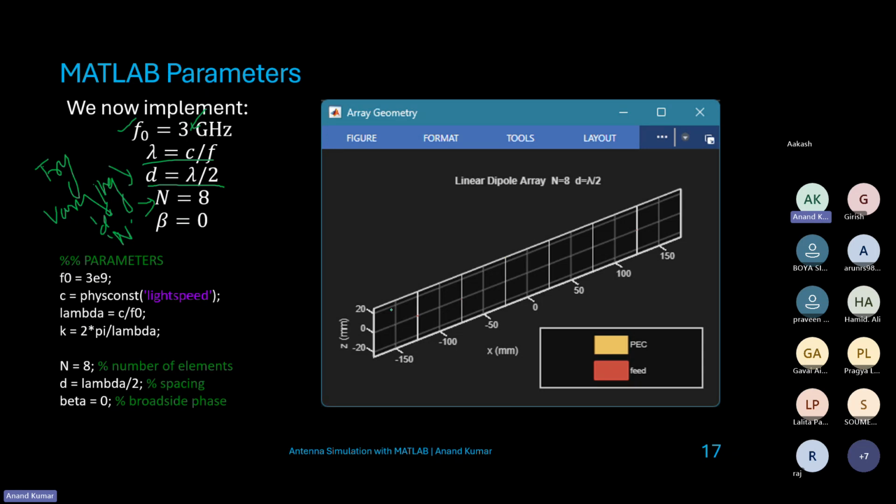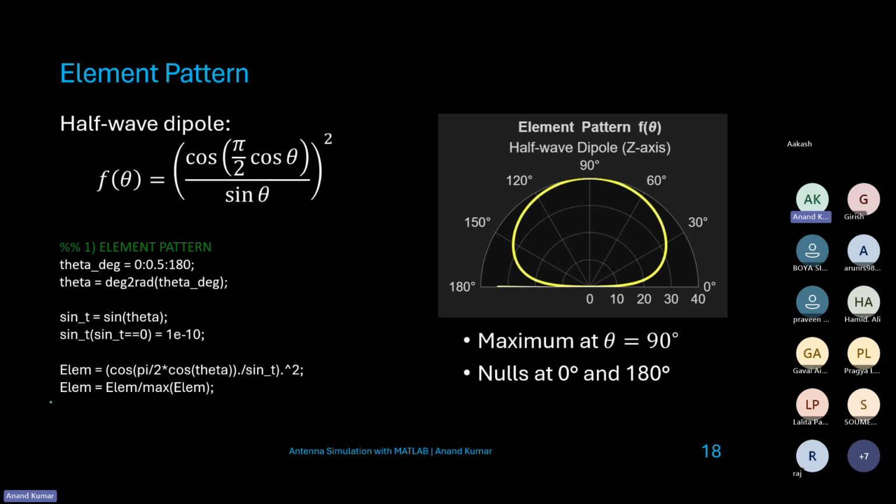N is the number of elements. Over here, we have taken N equal to 8 and d equal to lambda by 2. Vary these and see what happens with the radiation pattern. For a broadside condition, beta is equal to 0, so the script also reflects this. Once you put this, we can use show and look at the pattern.